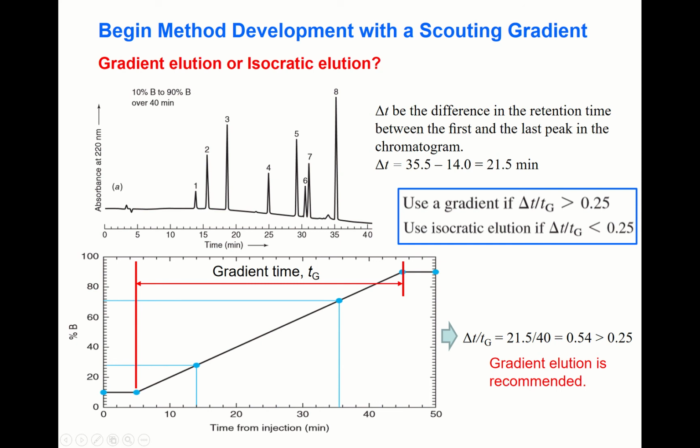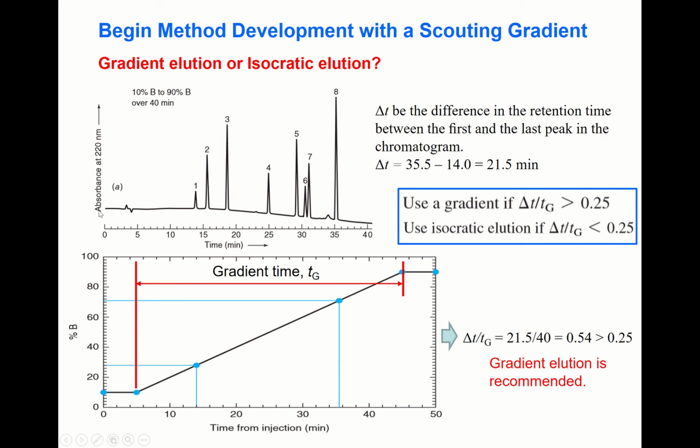But maybe this gradient is the best one? Let's look closely at this chromatogram. Although the separation is actually good, all 8 compounds are well separated within about 35.5 minutes, so maybe it's okay.